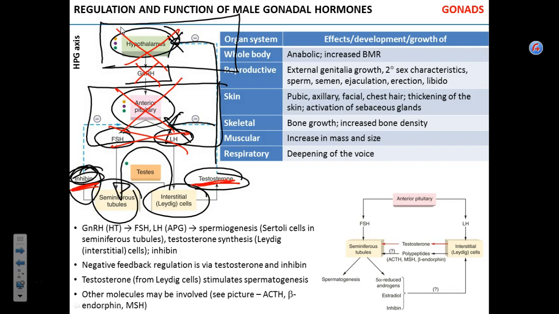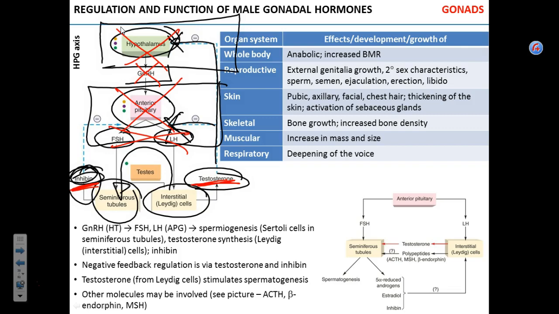Now, run this axis. As it goes and stimulates, what's going to accumulate in the testes? Sperm. And the more sperm accumulates, which two hormones will be produced more and more? Testosterone and inhibin. How is it going to affect the hypothalamus?